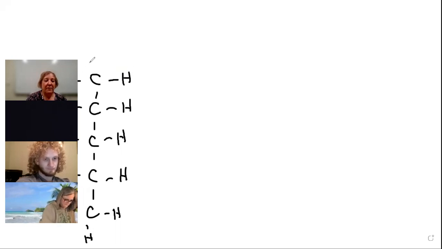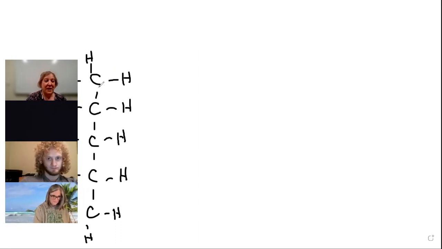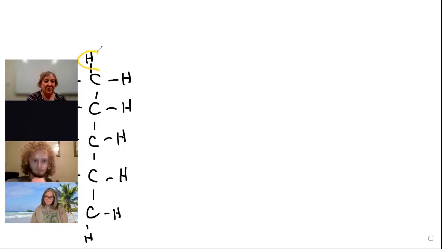And so these bonds are non-polar covalent. The electrons that this hydrogen and this carbon are sharing spend equal amounts of time between the carbon and the hydrogen. And for this one, it does the same thing. And so we don't get that partial charge.